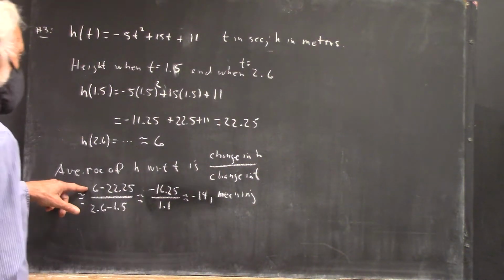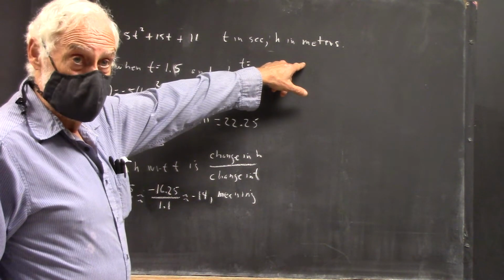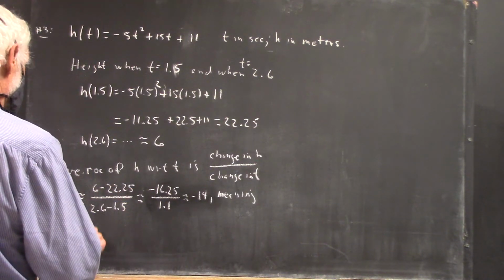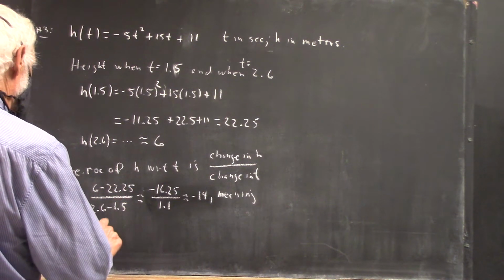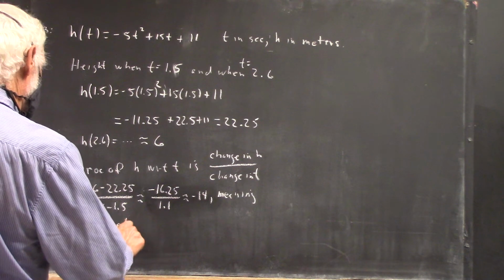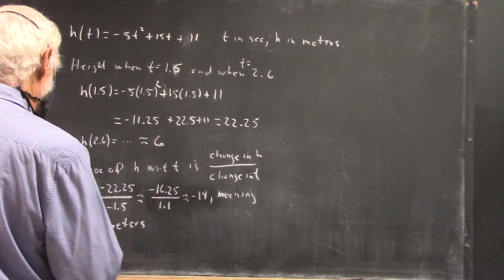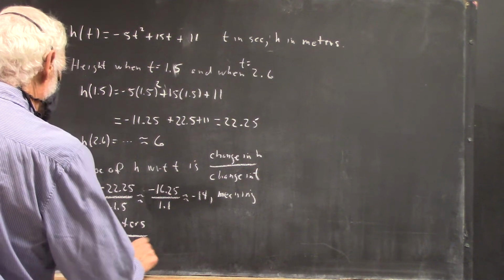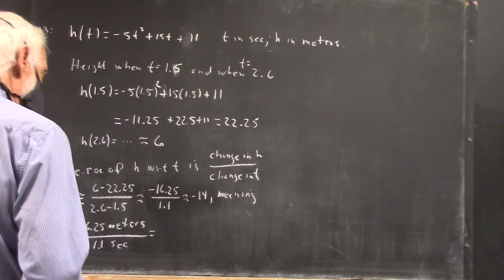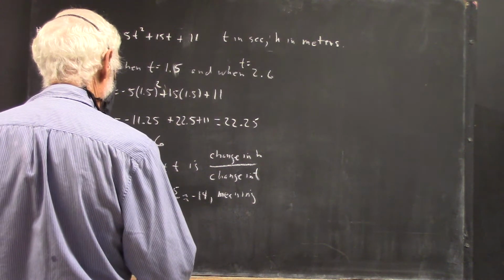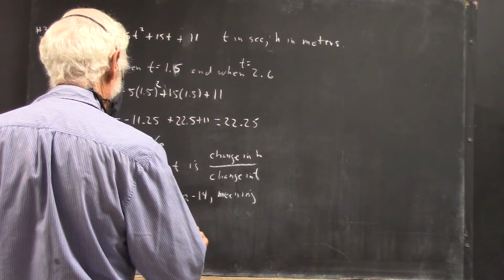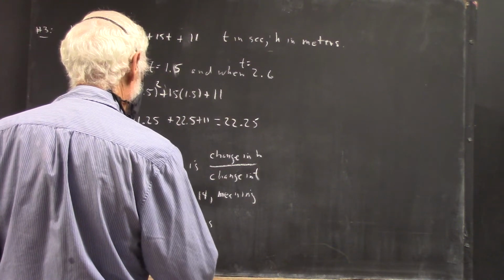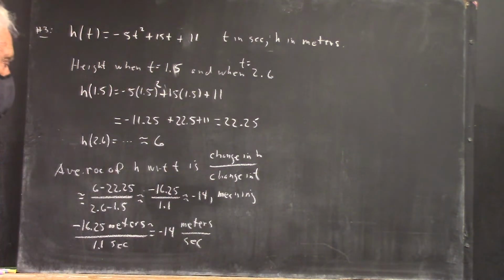Well, H is in meters, right? So this is negative 16.25 meters divided by 1.1 second, which is approximately negative 14 meters per second.